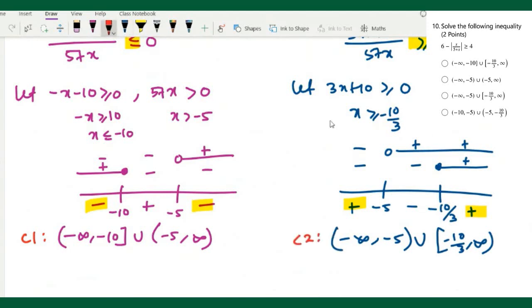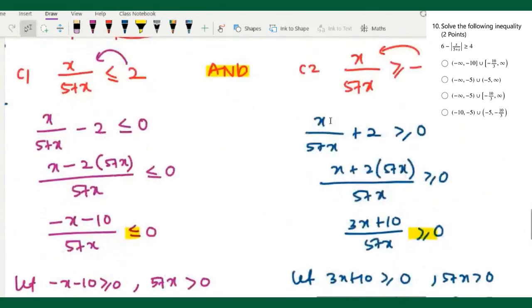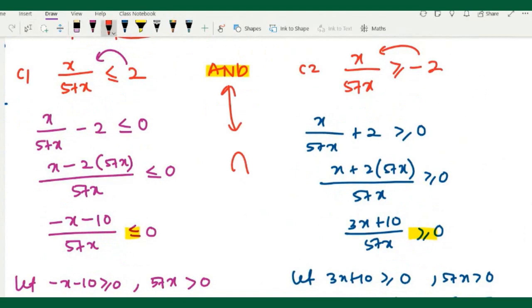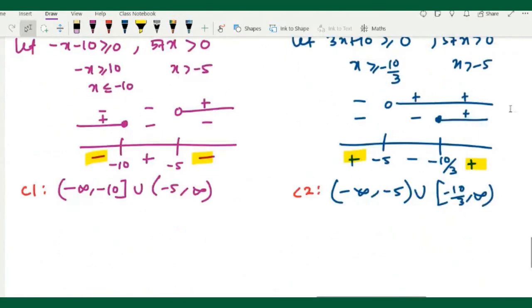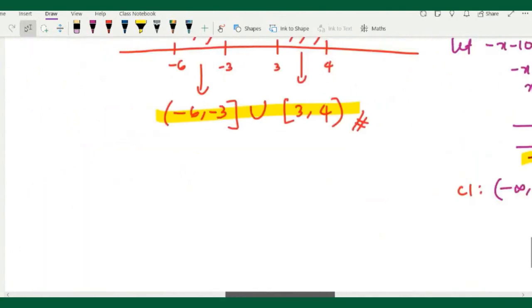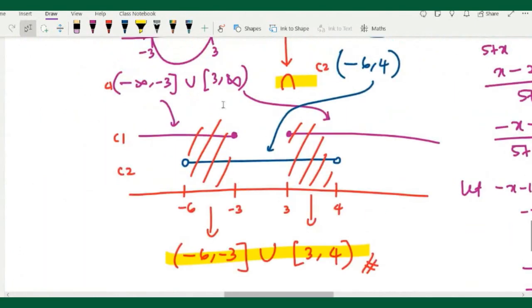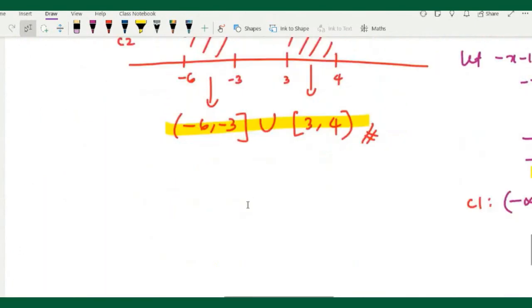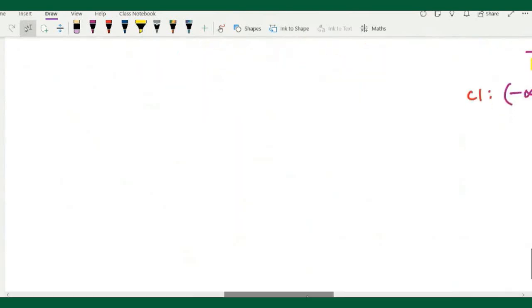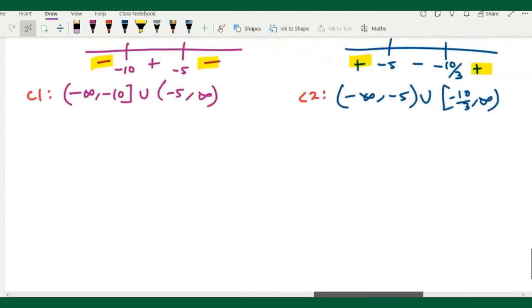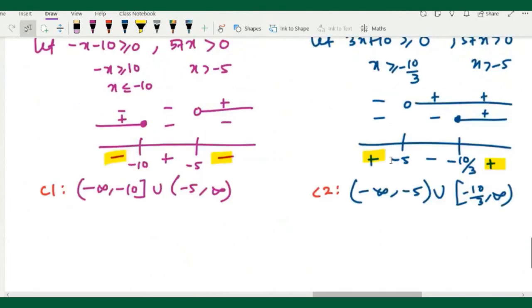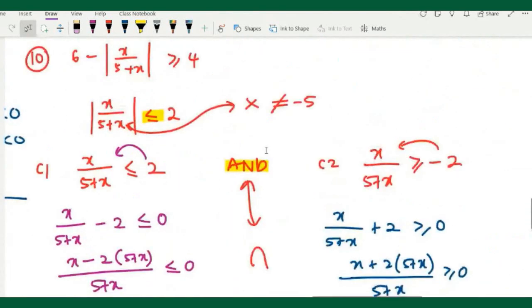Lepas tu nak buat apa ni? Next kita combine and look for intersection. Combine both set of answer ni sama macam nombor 9 tadi tu. Sekarang nombor 10 pun sama. Kita combine and look for intersection. Okay, bila kita nak look for a union, if it's or here.